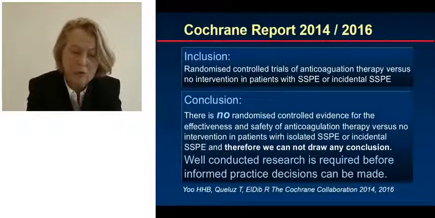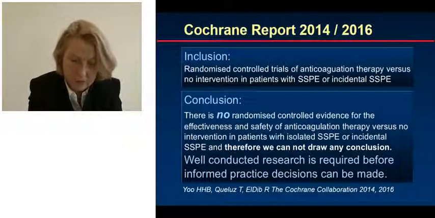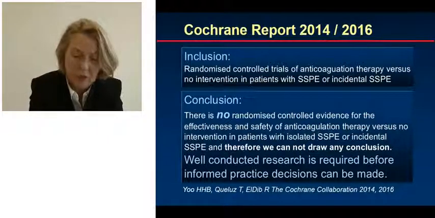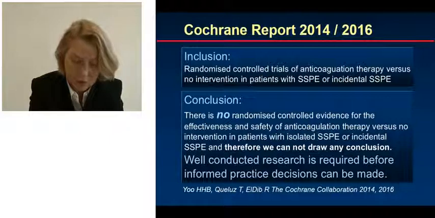Cochrane reports, including randomized controlled trials, publishing summaries in 2014 and 2016, said there is no randomized controlled evidence for the effectiveness and safety of anticoagulation therapy versus no intervention in patients with isolated subsegmental pulmonary emboli or incidental SSPE, and therefore we cannot draw any conclusions.